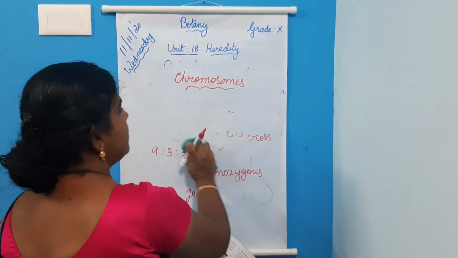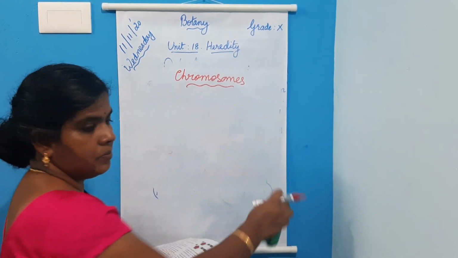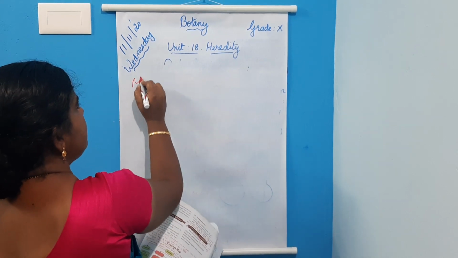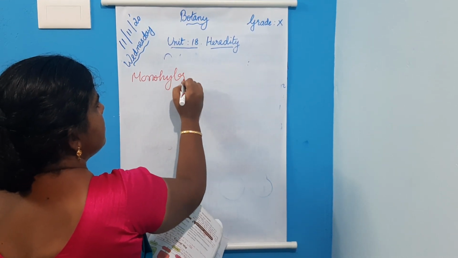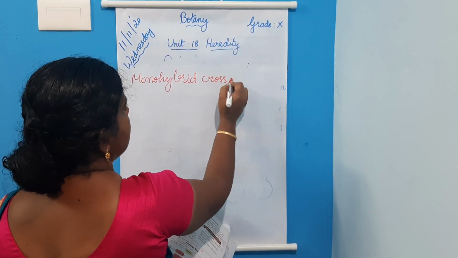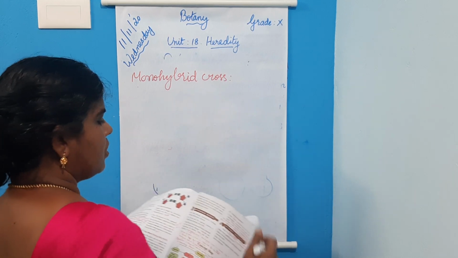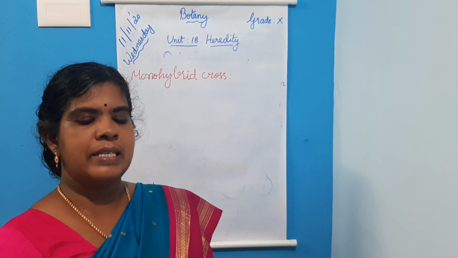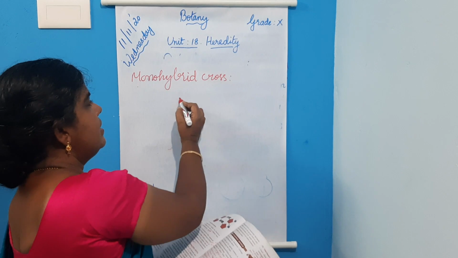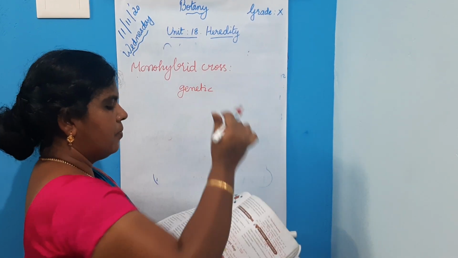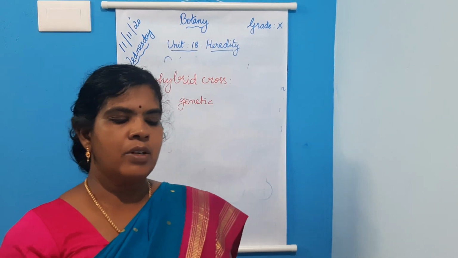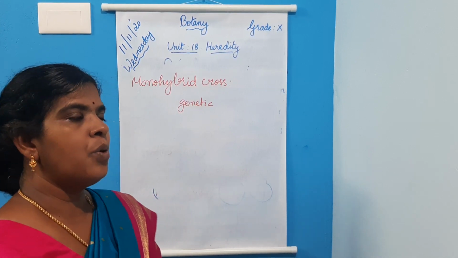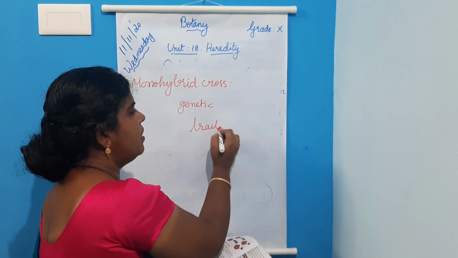Draw two columns and write. Under the heading monohybrid cross, first point, monohybrid cross is a genetic cross that involves a single pair of genes which is responsible for one trait.